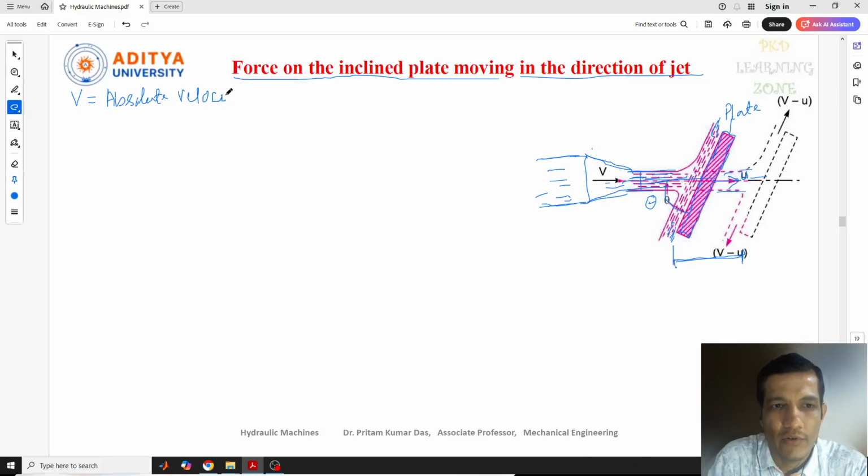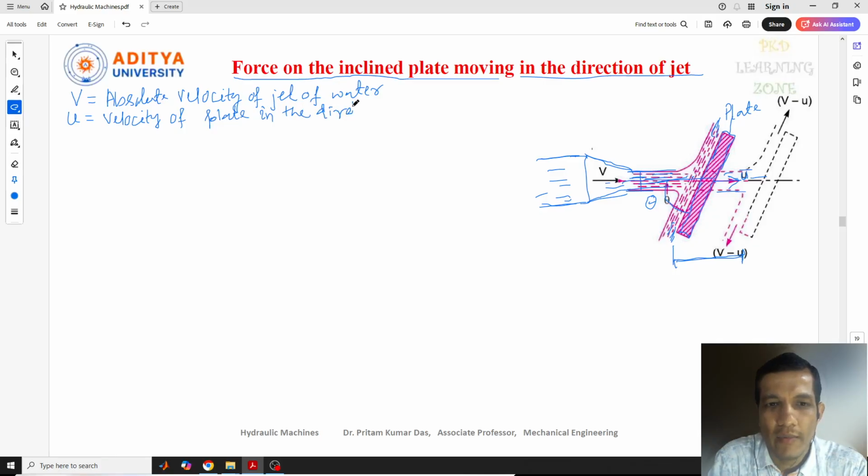Second, we consider the small u, which is nothing but the velocity of the plate in the direction of jet. In which direction the jet is moving, the same direction we need to consider. As I told you, this jet is moving in this direction, so the plate will also start moving in the same direction, but the plate is in inclined condition.